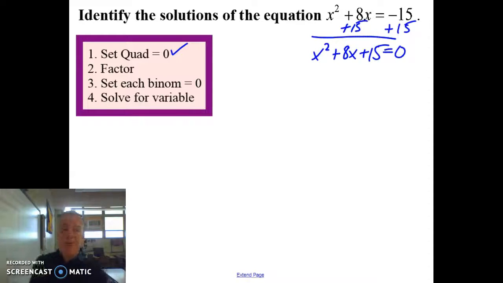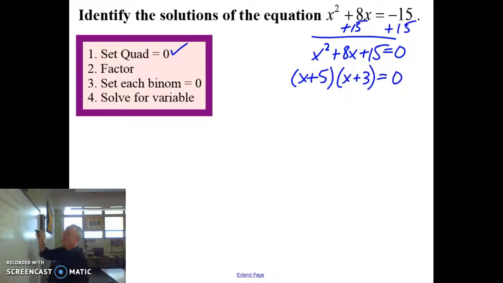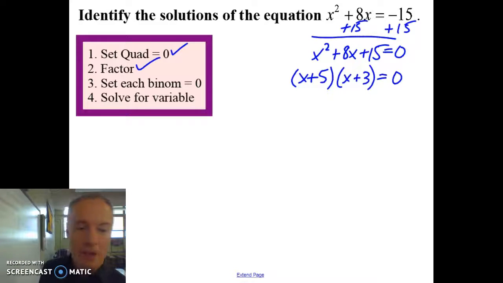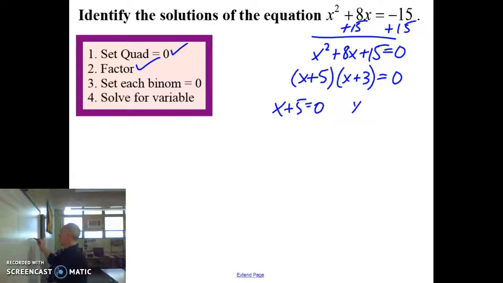Next step is to factor. Next step is to set each binomial equal to 0. And finally, solve for the variable.